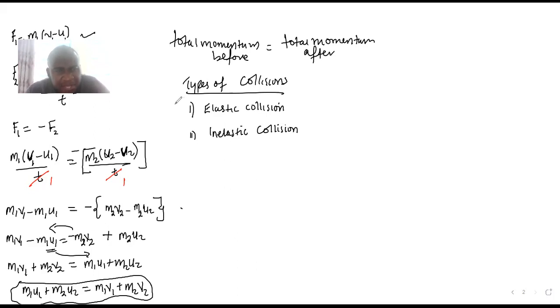Amina, do you recall something about the elastic collision? Some people say it takes place among elastic bodies. It is impossible. What are the elastic bodies? It can take place anywhere.